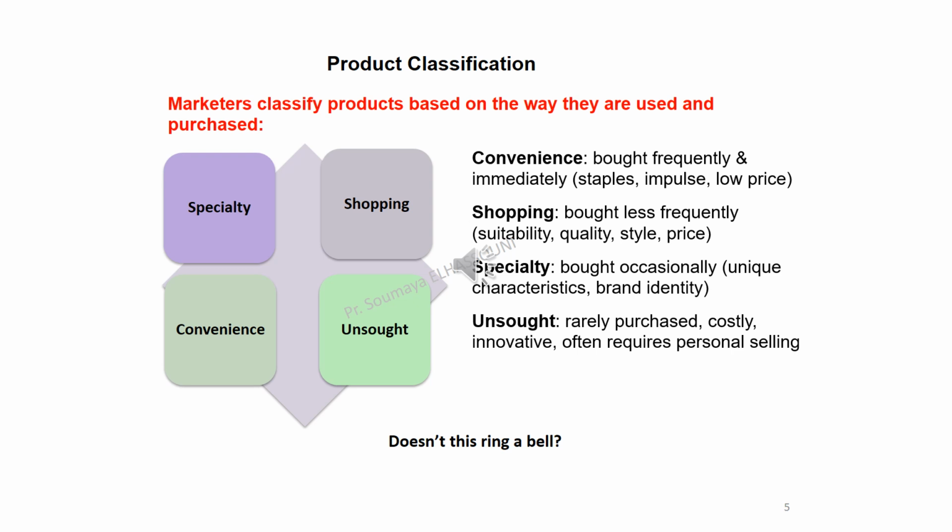Okay, so then you have shopping products. Shopping products are items that customers compare before buying most of the time, like clothing, like electronics. They may require more thought and evaluation than convenience products. The third is specialty products. These are very unique products, and when it comes to specialty products, customers are willing to make an extra effort to purchase.